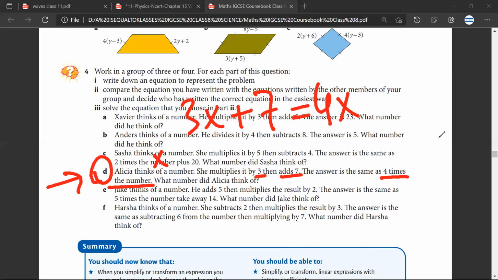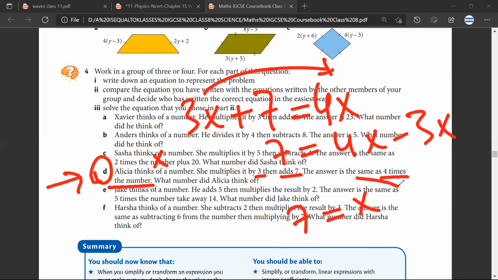So it will be 3x plus 7 equals 4x. Okay. 3x will go to the right hand side. So 7 equals x. Sarthak, any doubt? No, sir.